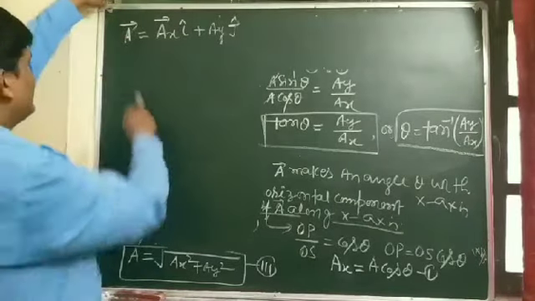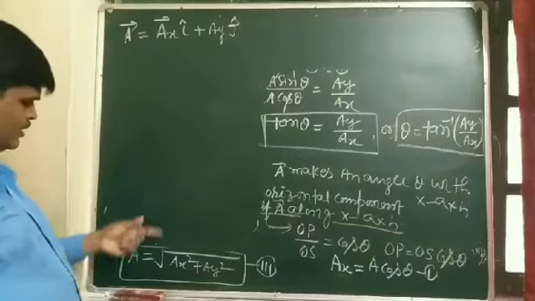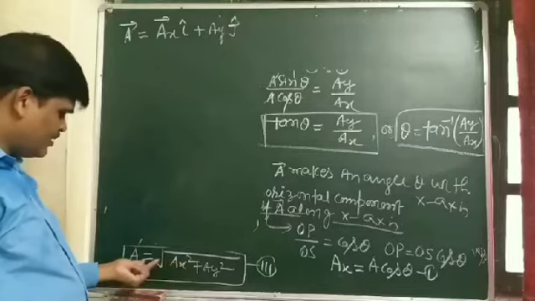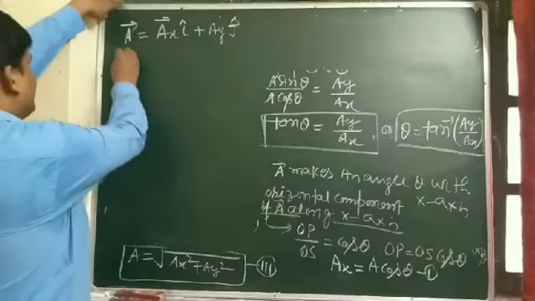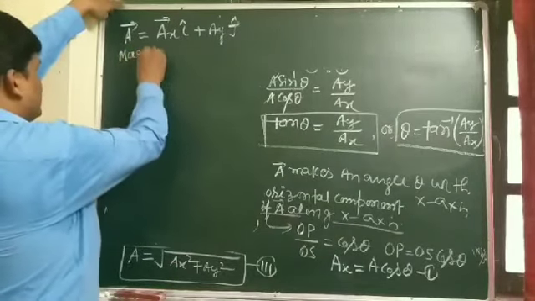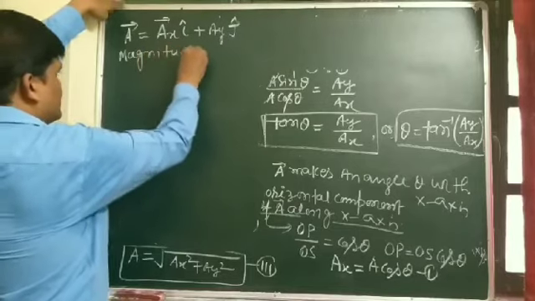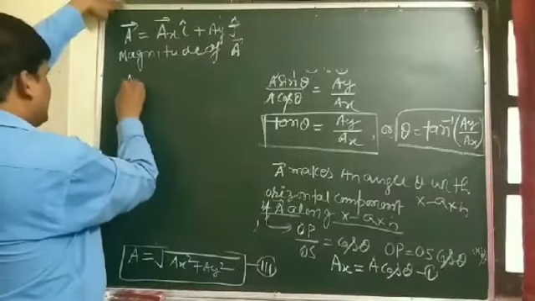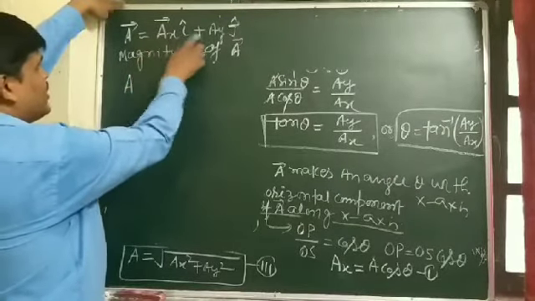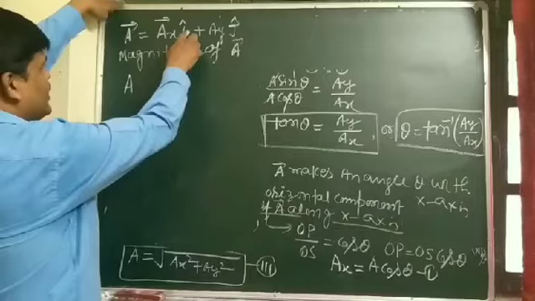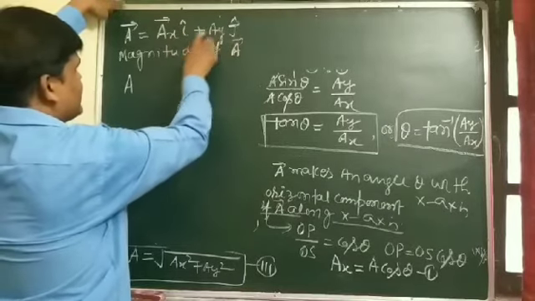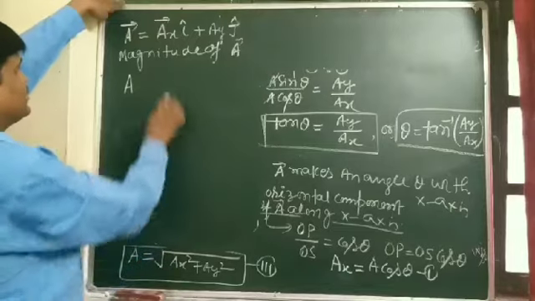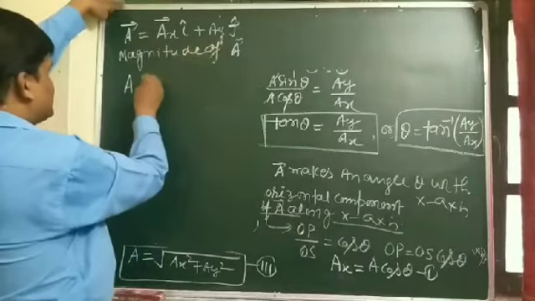Magnitude means we take the mod of A. So the magnitude of A is found by removing the i and j cap unit vectors and taking the square root of Ax square plus Ay square.